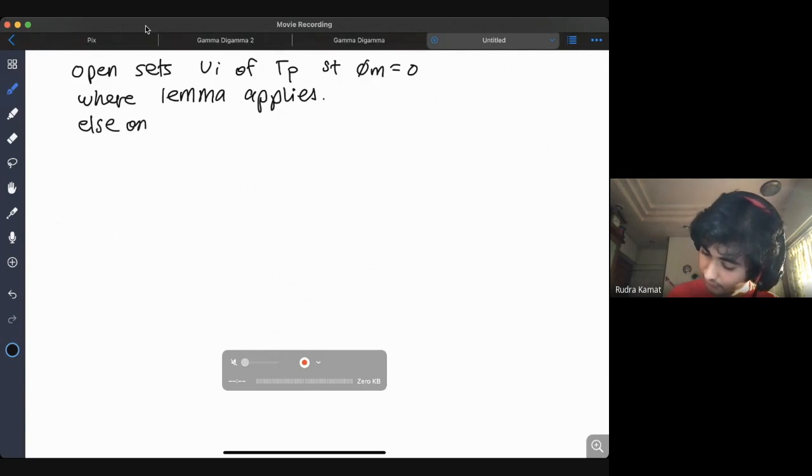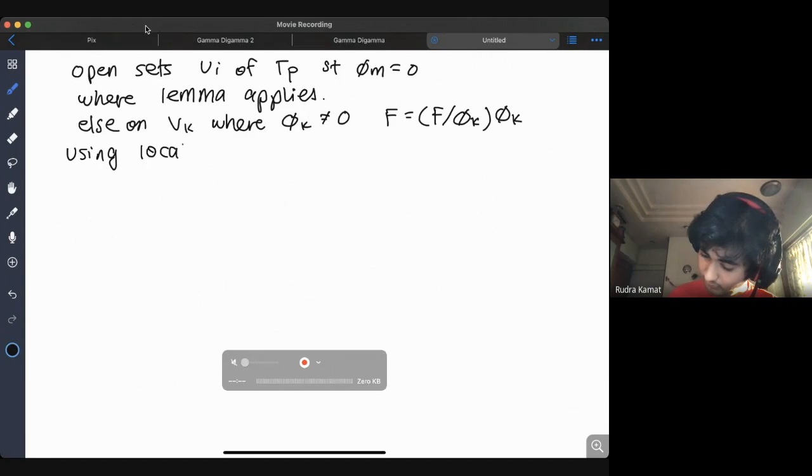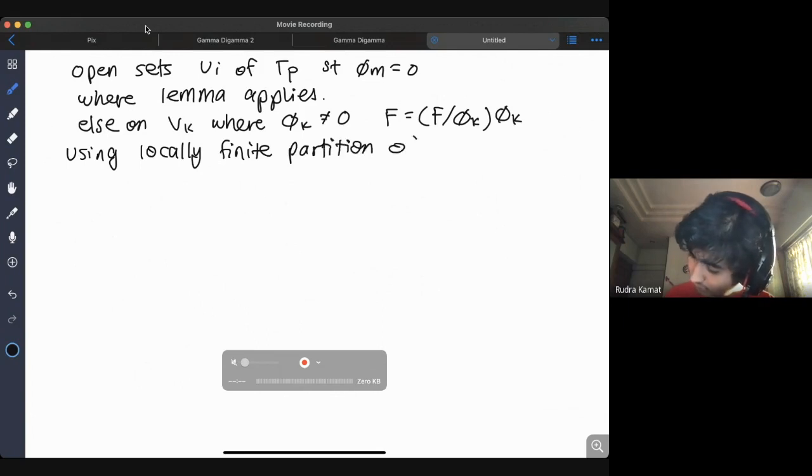Else on V_k, where phi_k is non-zero, just choose F as F divided by phi_k times phi_k, and then finally using a locally finite partition of unity, so that wherever they overlap, they have the same value.